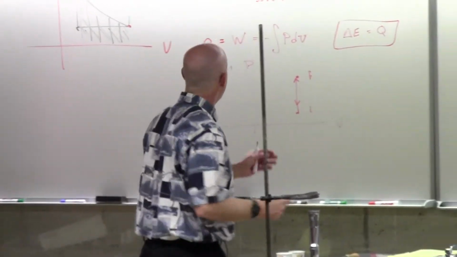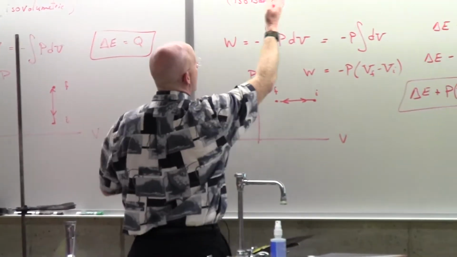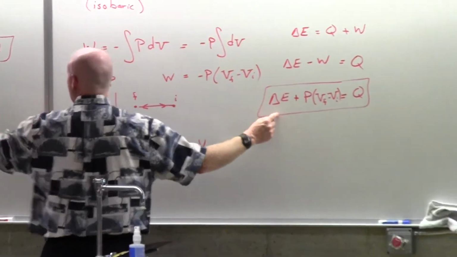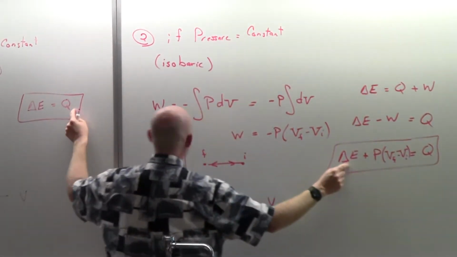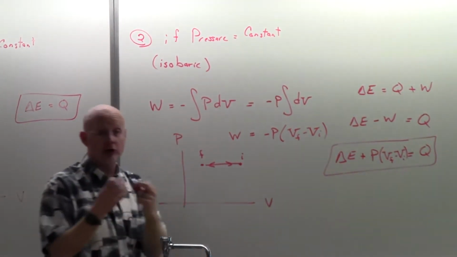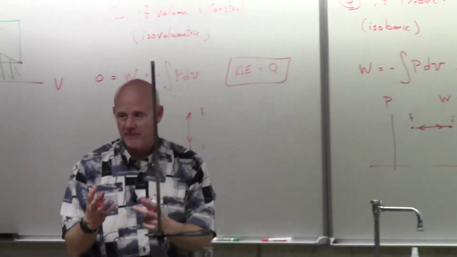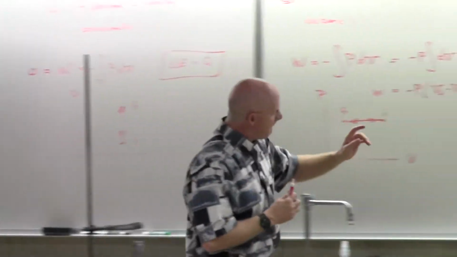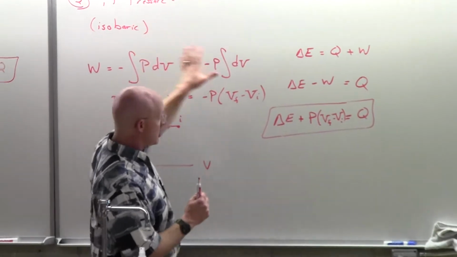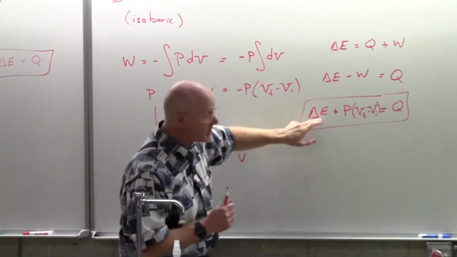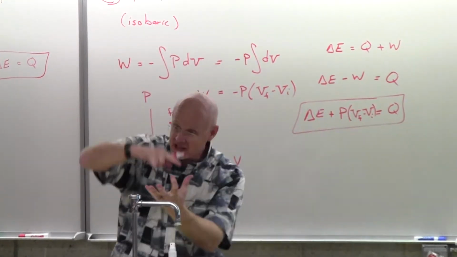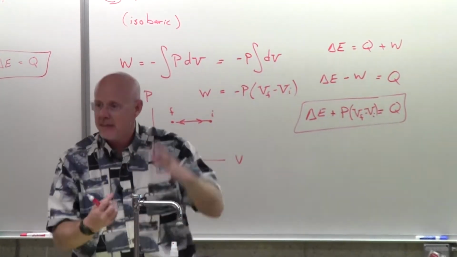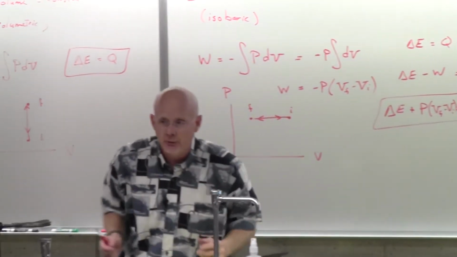And so whether the process is isovolumetric or whether the process is constant pressure, I can say that the heat is different because the change of internal energy of my gas is the same. But the reason I had to take more energy out of the isobaric process is because as I was cooling it down, more energy was going into it because that piston was coming down and doing work on it and making those nitrogen molecules move faster.